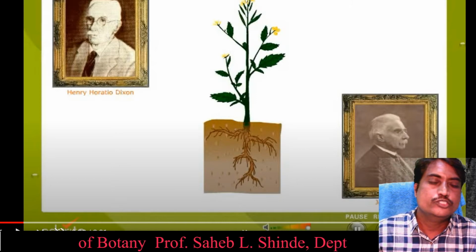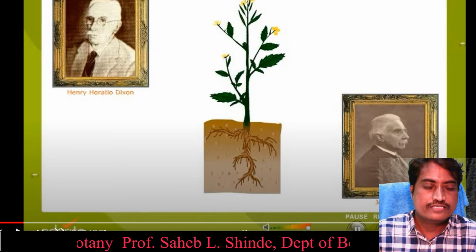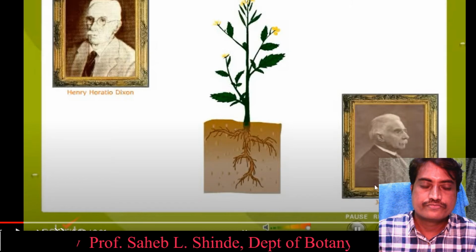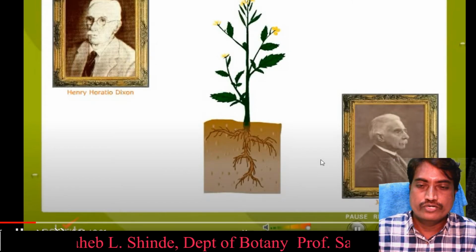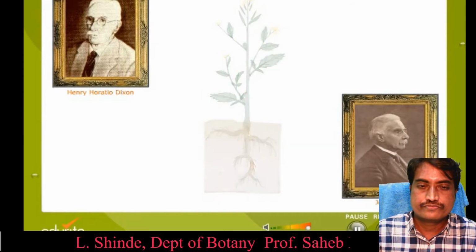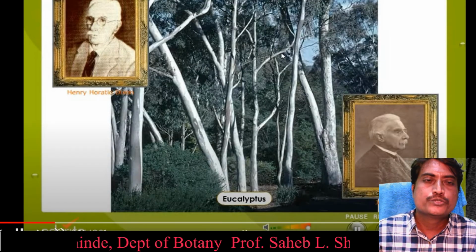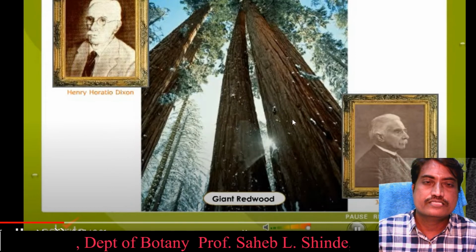Dixon and Joly first explained that theory to explain the movement of water in plants. Now these are huge plants. This is a sequoia plant.